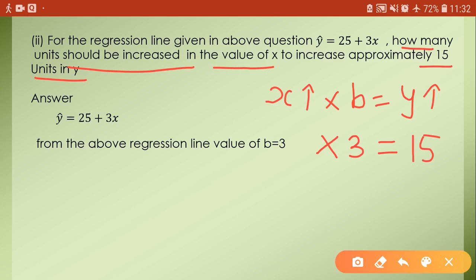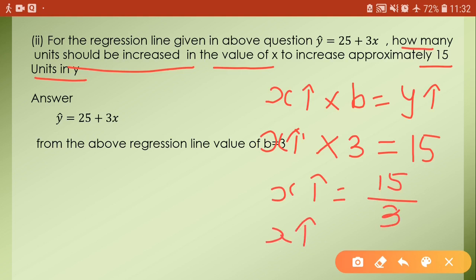What is asked, how many units should be increased in x? So this x increment is still the question. So how will we find it? We will be dividing 15 by this 3. So incremental value of x is 5.